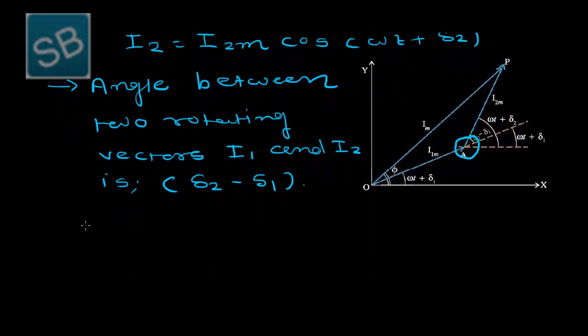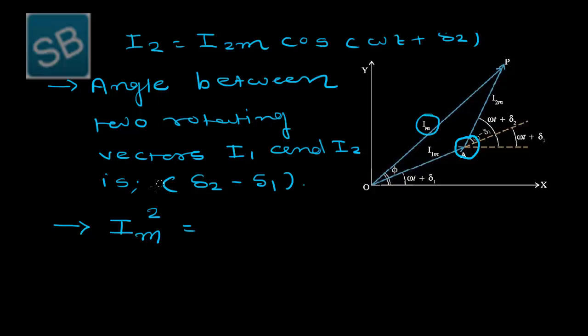And now the resultant vector I am writing over here is denoted by Im. So Im, and now I am getting a square because it is actually I1m plus I2m.